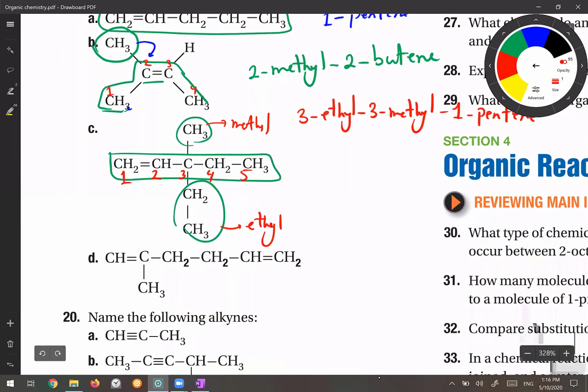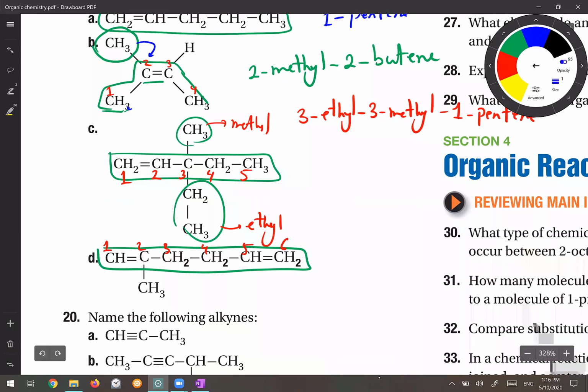Okay. Part D, you have 2 double bonds here. So you have to choose the longest chain which contains both of them. This is the longest chain which contains both of the double bonds. No matter from which side you number it, the double bonds receive number 1 and 5.